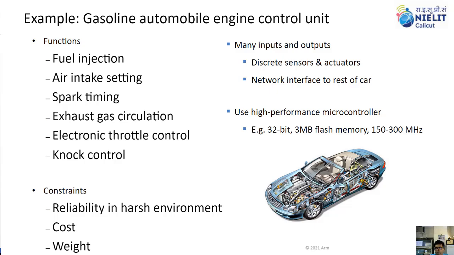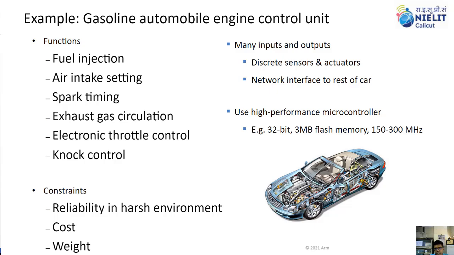Generally they use a high performance microcontroller, which may be 32-bit or 64-bit, with a minimum of 3 MB flash memory for loading the firmware and RTOS, etc. And generally it works at a low frequency between 150 to 300 megahertz.